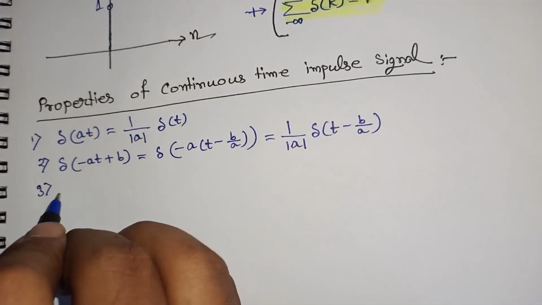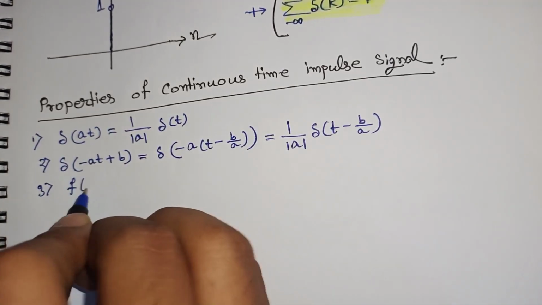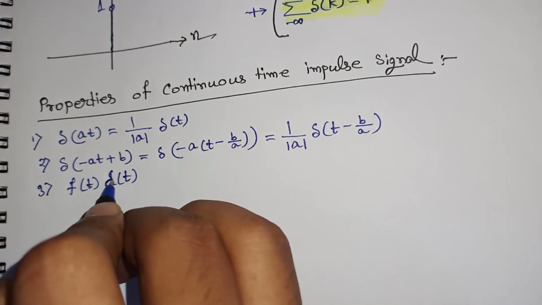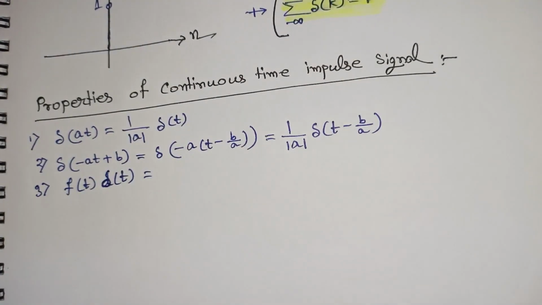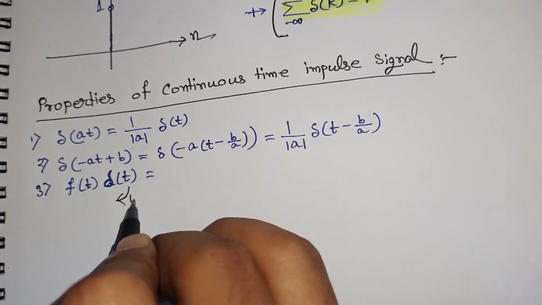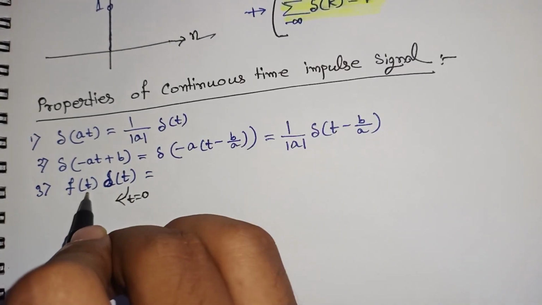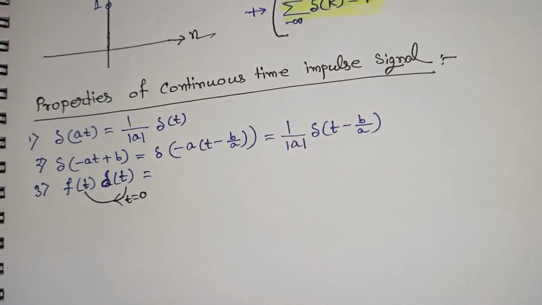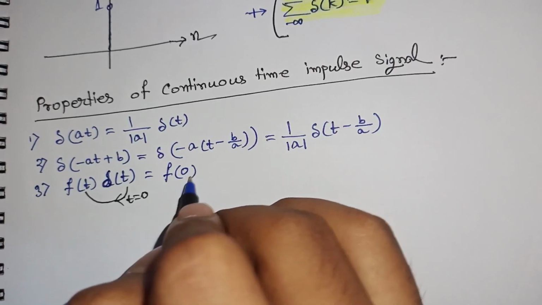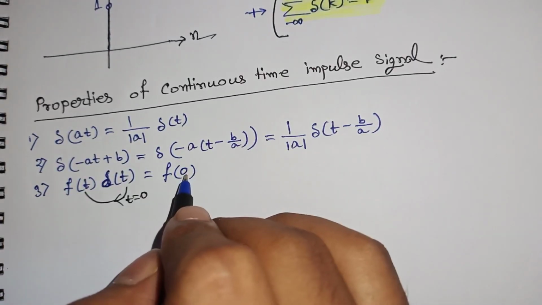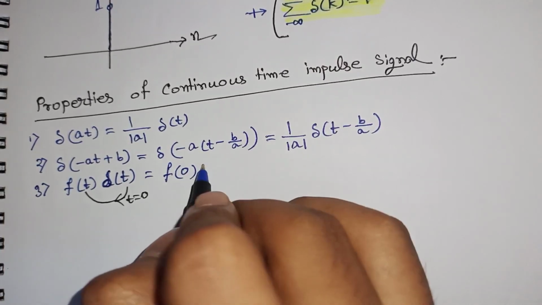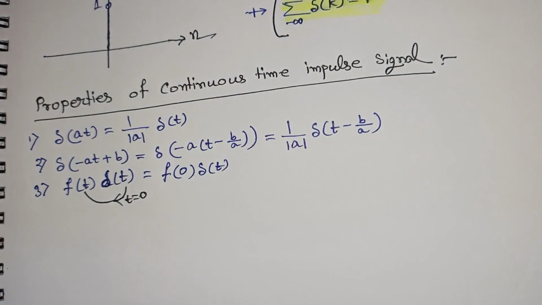Third one is, if we have f t del t, we know del t is only defined for t equals to 0. So put the value t equals to 0 in the function f t and multiply with del t.